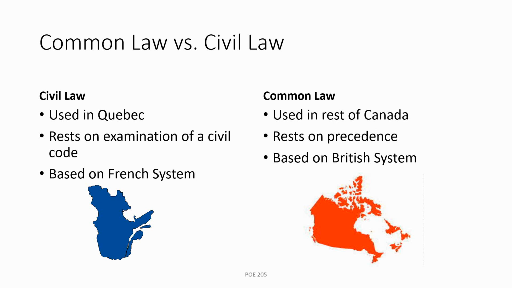Precedents just means it's based on the other cases that have existed as opposed to being based on a particular written civil code. It's important to remember that Canada has two systems of law existing because we obviously are based on both the French system and the British system.